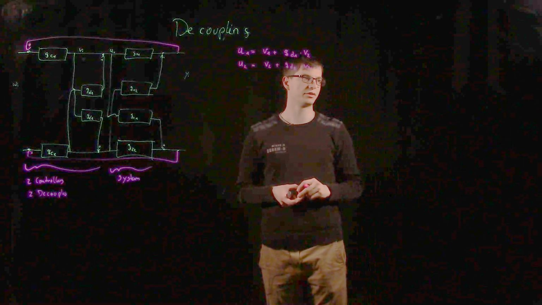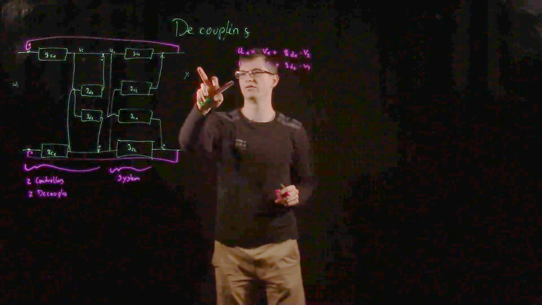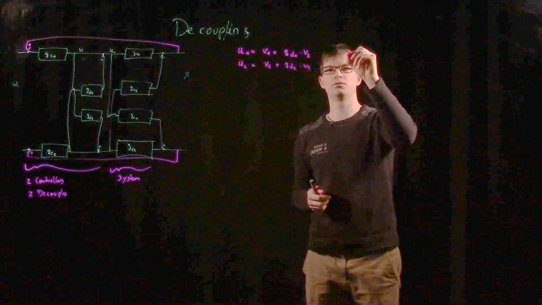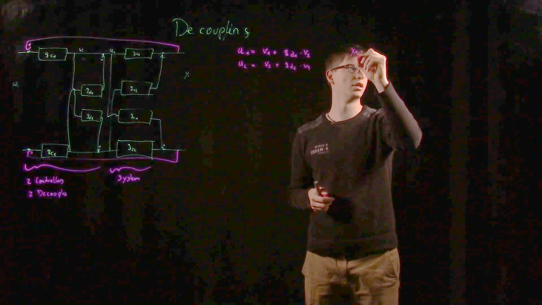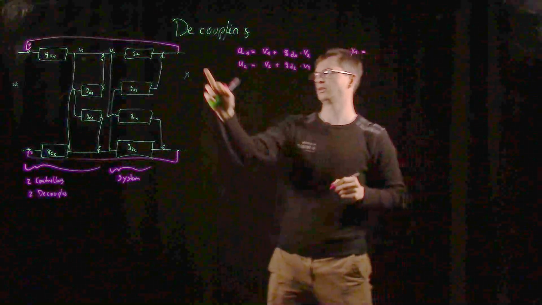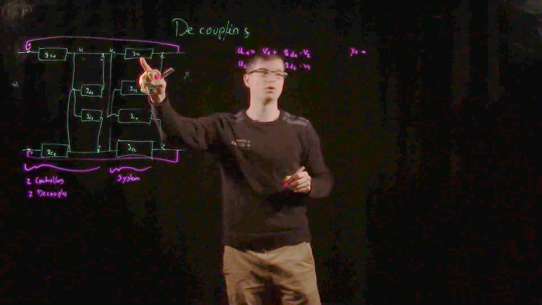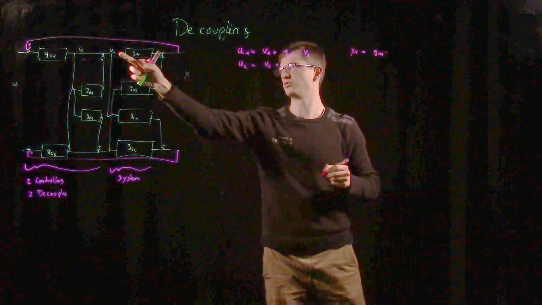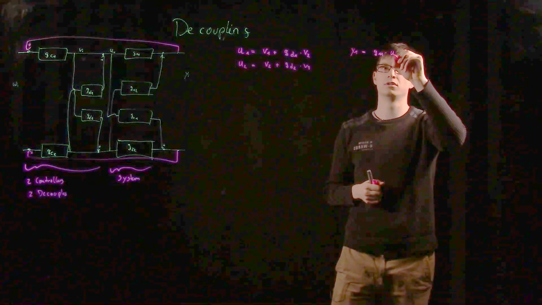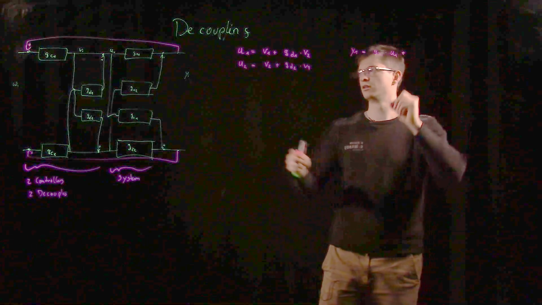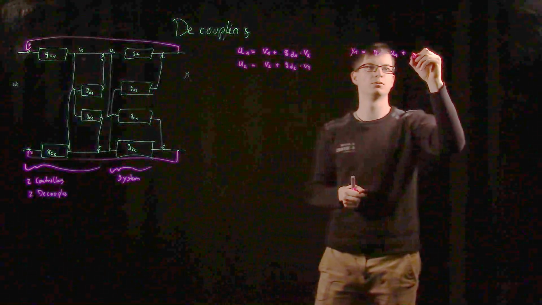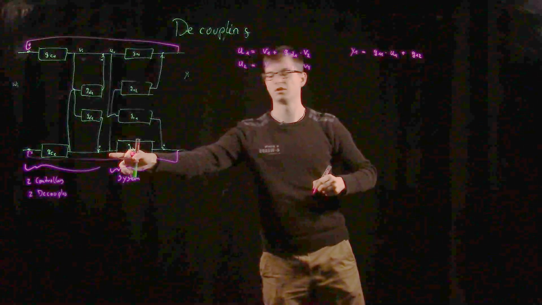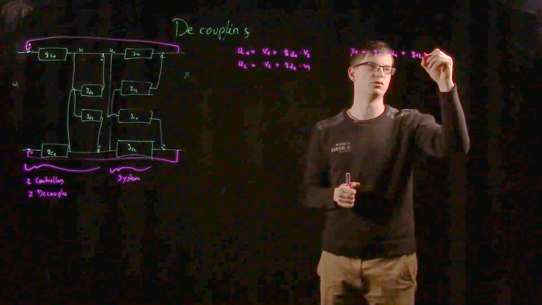Now we can do this for our output variables. Y1 equals G11 times U1 plus G12 times U2.